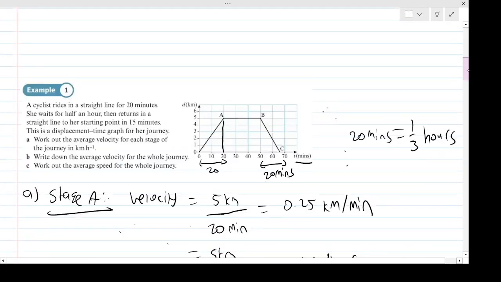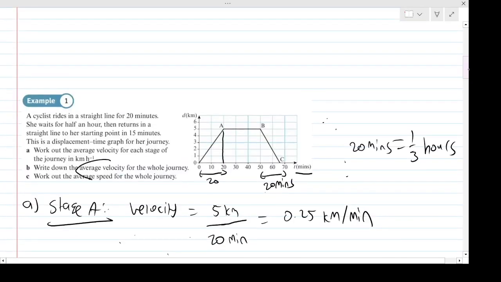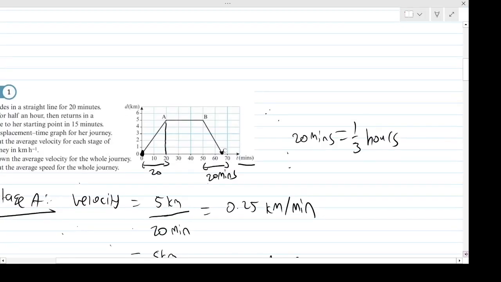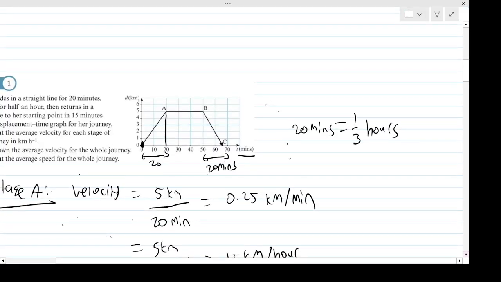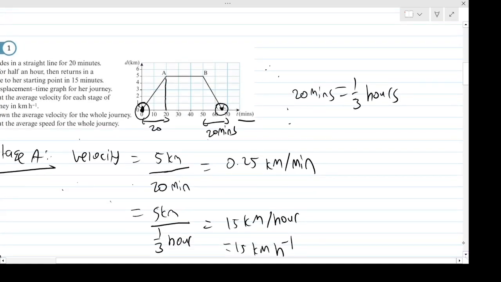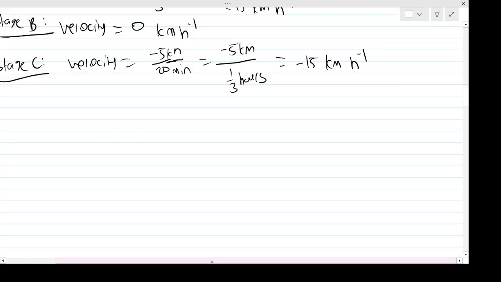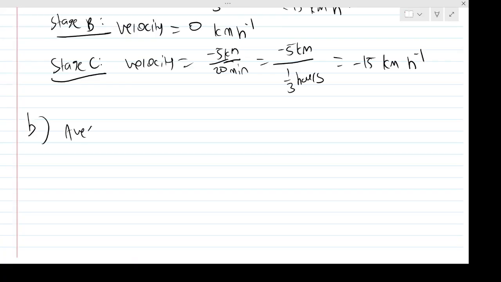We want the average velocity of the whole journey, so from the start here to the end here. Then the velocity is going to be the total displacement, or the overall change in displacement from start to finish. So if I jot that down, where are we? So the average velocity is going to be total displacement over total time.